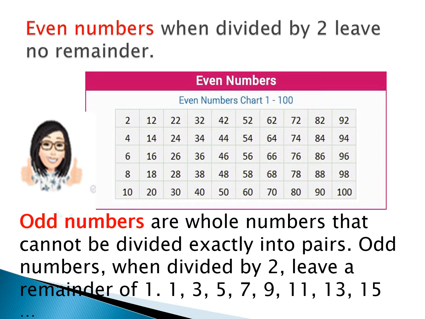Those numbers that end in 2, 4, 6, 8, and 0 are even numbers, while odd numbers are whole numbers that cannot be divided exactly into pairs. Odd numbers, when divided by 2, leave a remainder of 1, like 1, 3, 5, 7, 9, 11, 13, 15, and so forth.